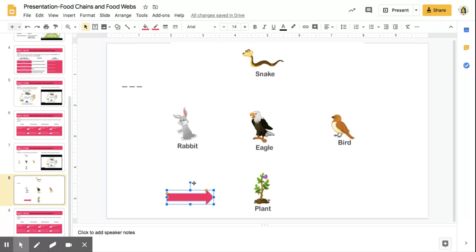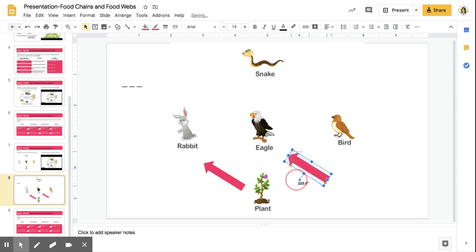So I'm gonna put an arrow coming from the plant towards the rabbit. Okay. And another arrow coming from the plant as well towards the birds to signify that they both eat the plant.